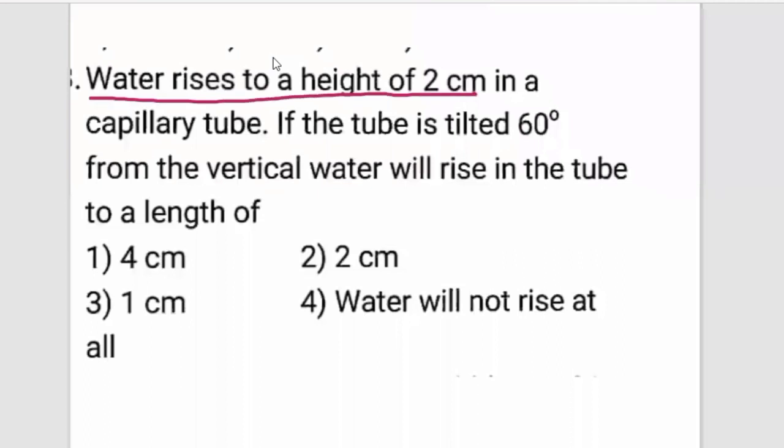Water rises to a height of 2 centimeter in a capillary tube. The tube is tilted 60 degrees from the vertical. Water will rise in the tube to what length?